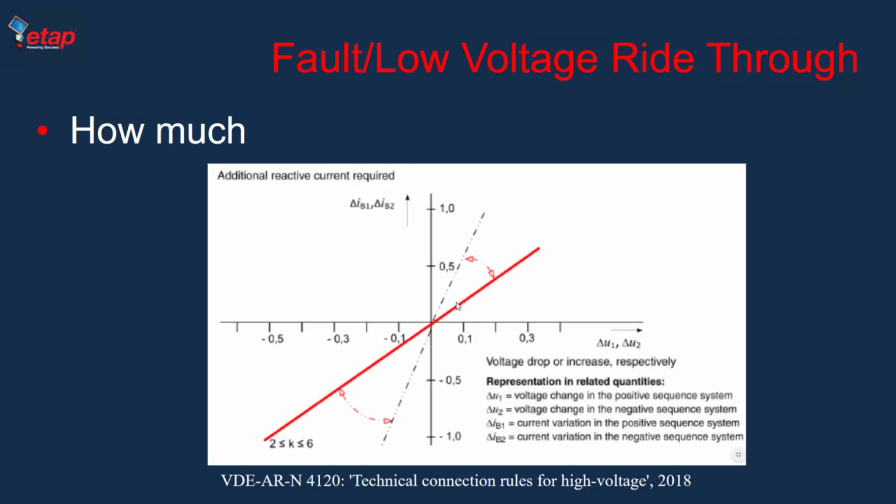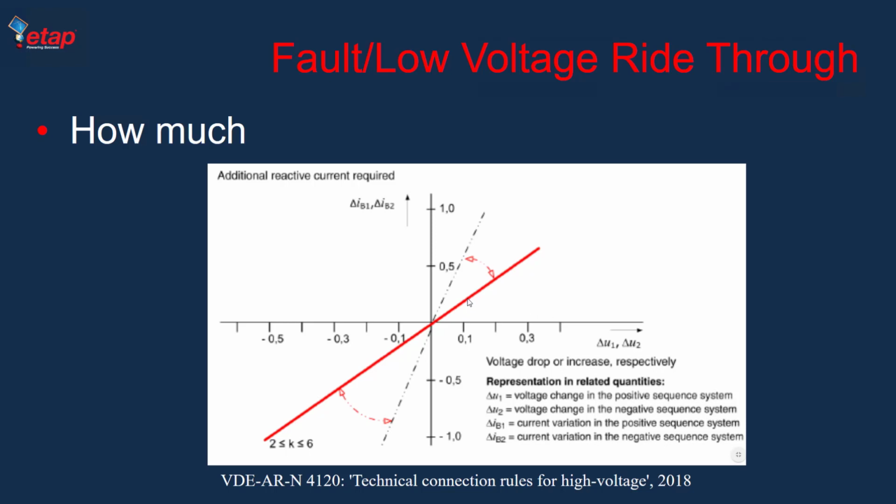So that's one aspect that is important. The other aspect is that if the voltage drops, how much reactive current or current needs to be injected into the system. For instance, in the German code, especially the latest one, it defines how much both positive and negative sequence current needs to be injected into the system if you have a severe voltage drop during the fault. So it says that, let's say if your voltage drop is about 10%, they have two K factors, K1 and K2, that determine how much actually needs to be injected.